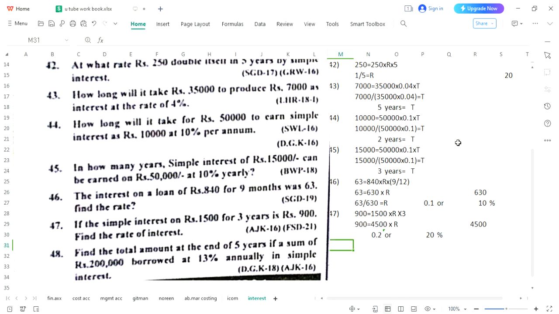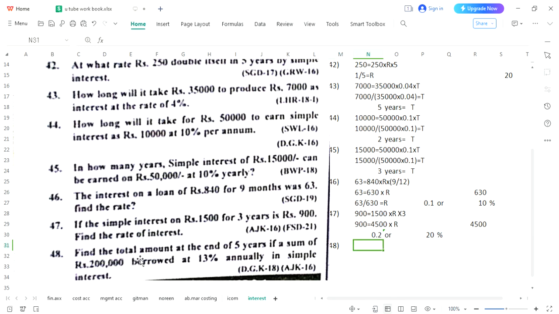Now let's see the 48th question, what it is saying. Find the total amount at the end of 5 years if a sum of rupees 2 lakh is borrowed at 13% annually in simple interest. So this was the principal amount, 2 lakh, that was the loan or borrowed amount, 13% annually, 5 years, but the requirement is to find the total amount.